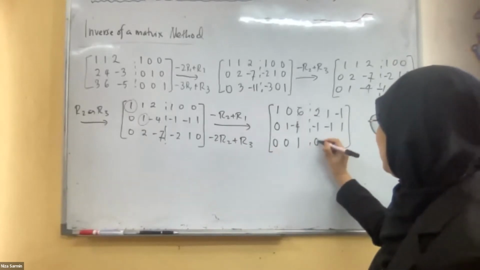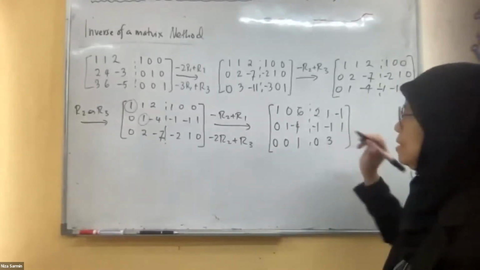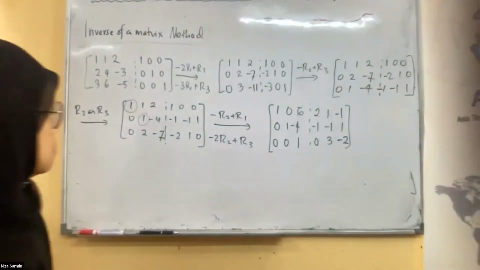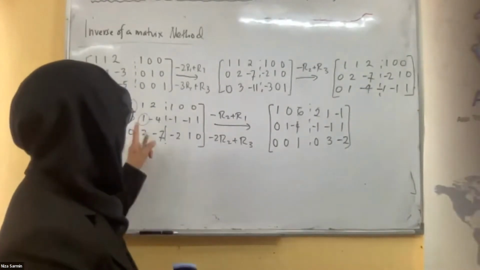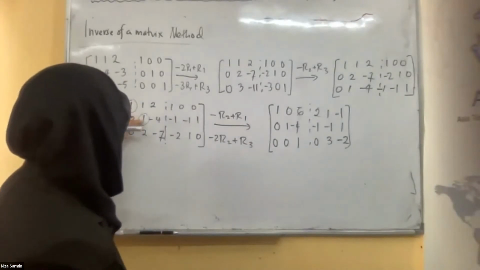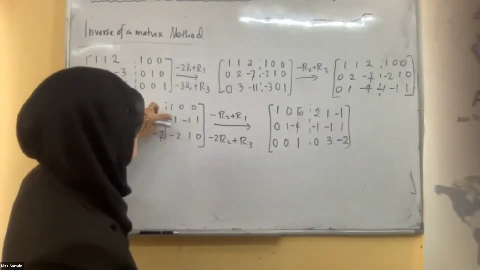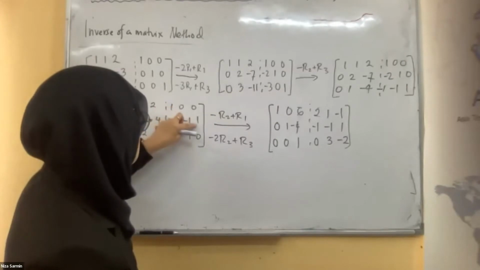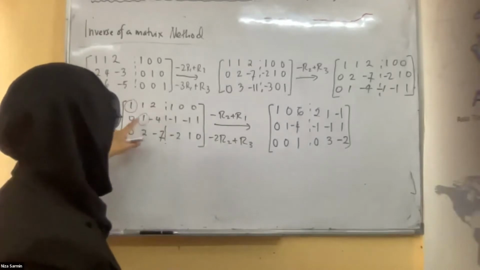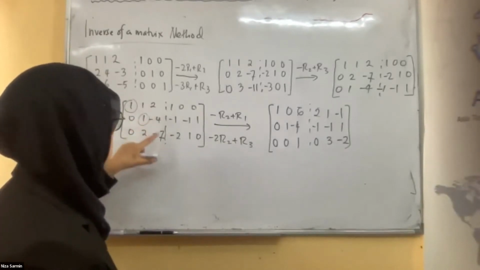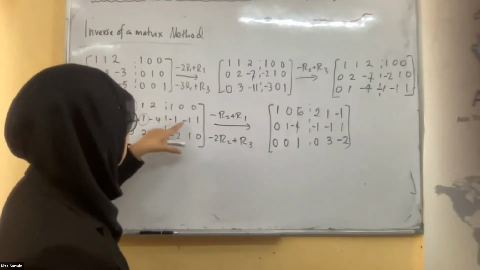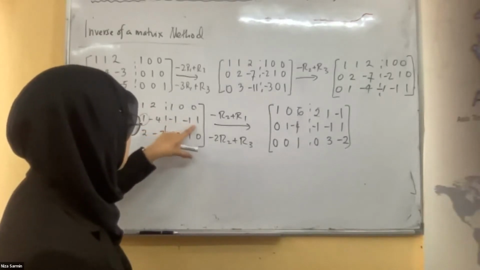Then 0, 1, negative 4, negative 1, negative 1, 1. Negative this and add, 2, 1, negative 1. Then negative 2 and add 0, 8, 7, 2 minus 2, 0, 2, 3.